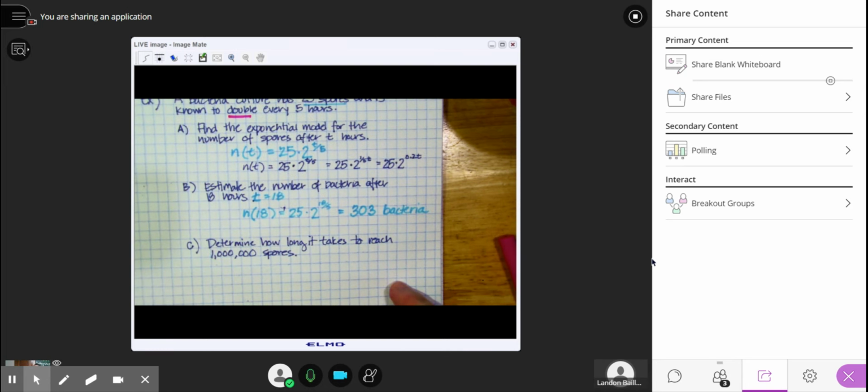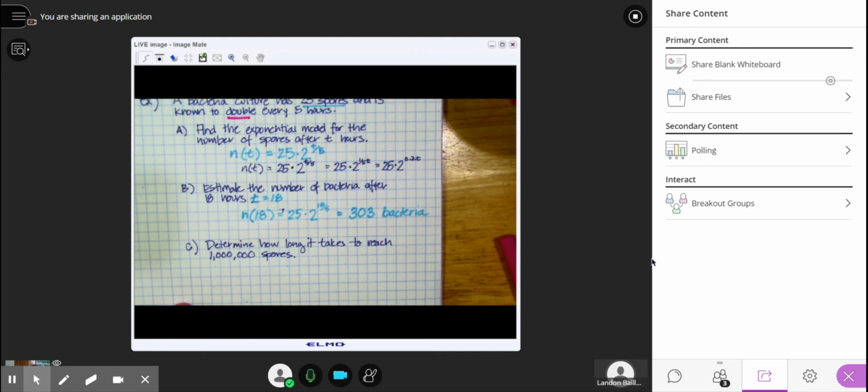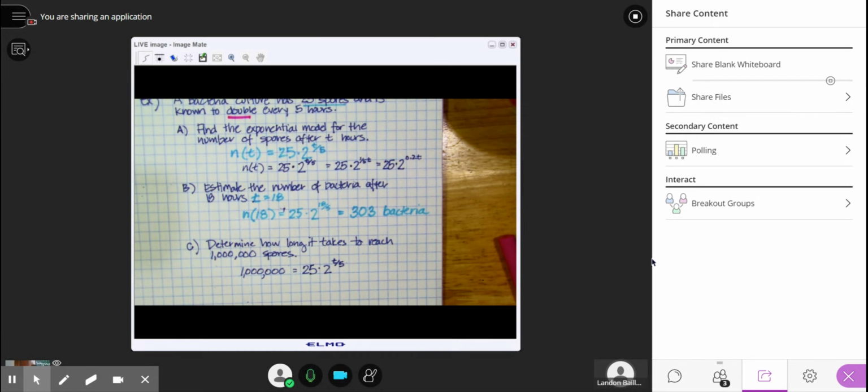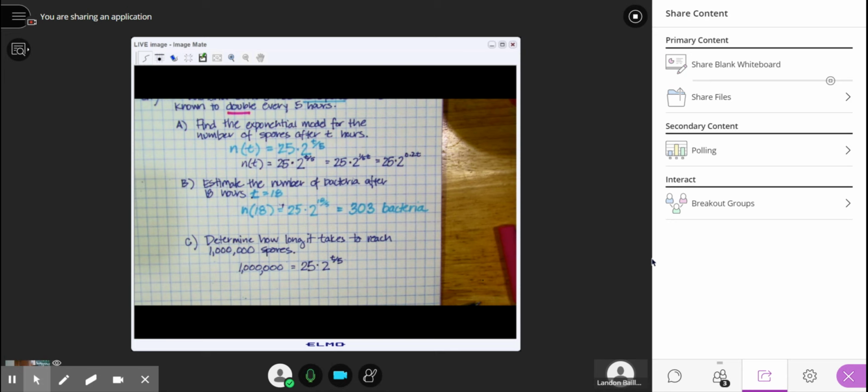Part C asks us to determine how long it takes to reach 1,000,000 spores. This says that N of T is 1,000,000. 1,000,000 is our result. That's going to be 25 times 2 to the T over 5. I can divide both sides by 25.